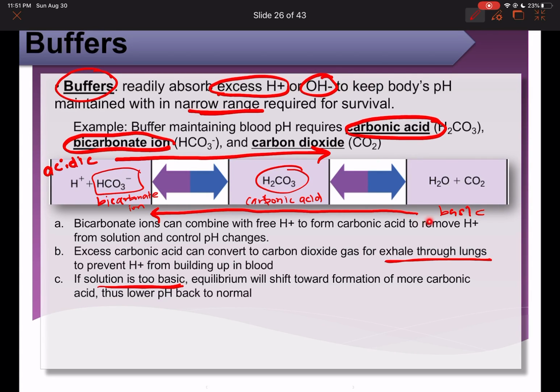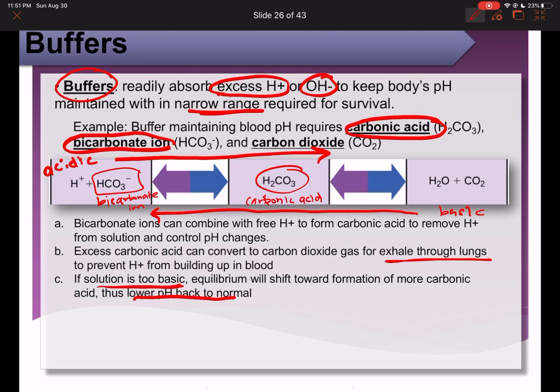So when it's too basic, your carbon dioxide and water can form more carbonic acid, and that carbonic acid can then dissociate into hydrogen ions and bicarbonate ions, and those hydrogen ions replenish the supply to lower your pH back to normal.